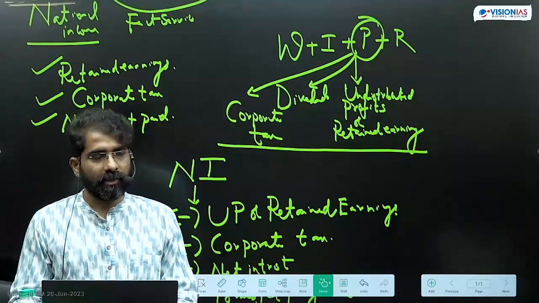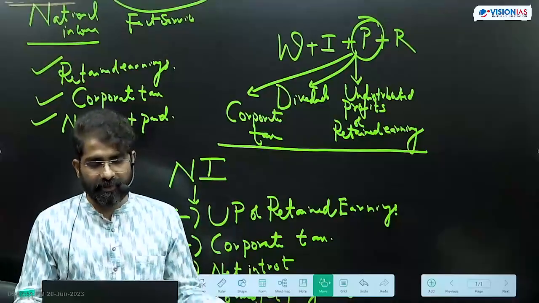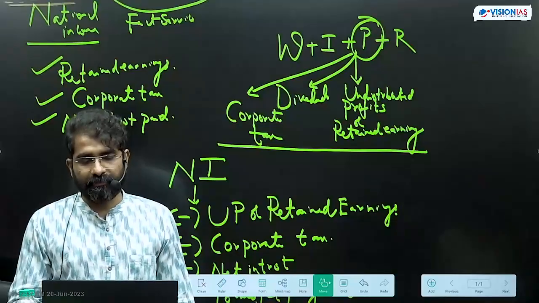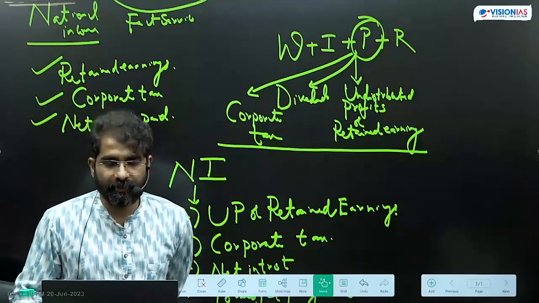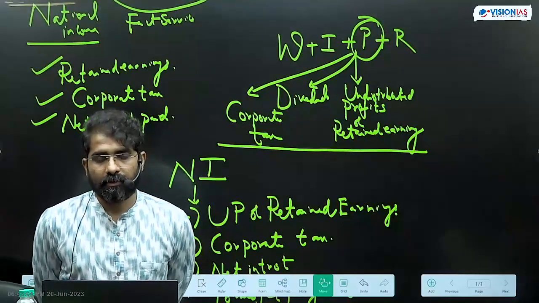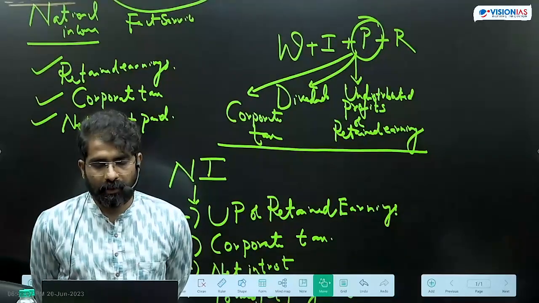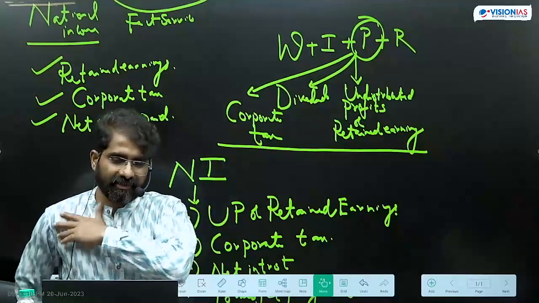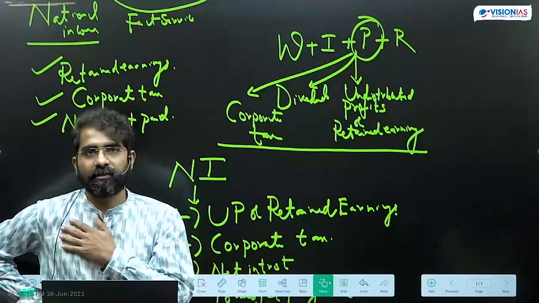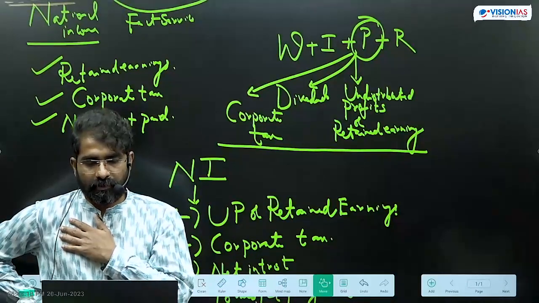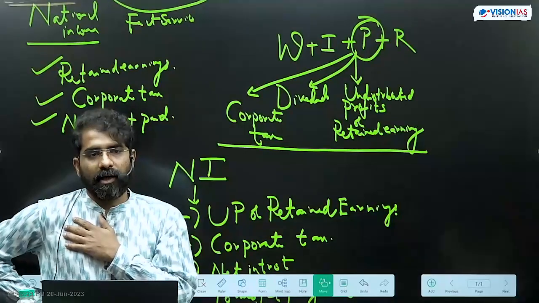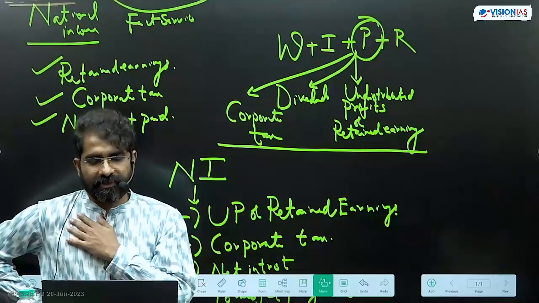Is that okay? Next, under personal income, write down the second point. Undistributed profits of companies and corporate taxes are not part of personal income.